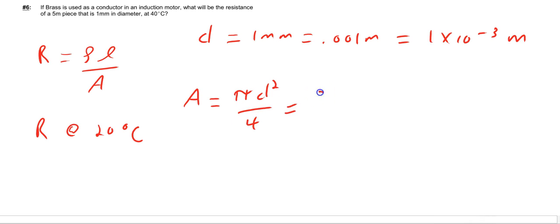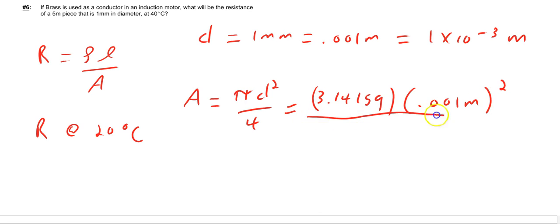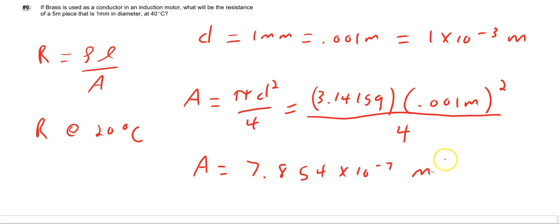And so pi can be written as 3.14159, or whatever your calculator produces. Multiply that by 0.001 meters squared divided by 4. That should give you an area of 7.854 times 10 to the negative 7, and the unit is meters squared.